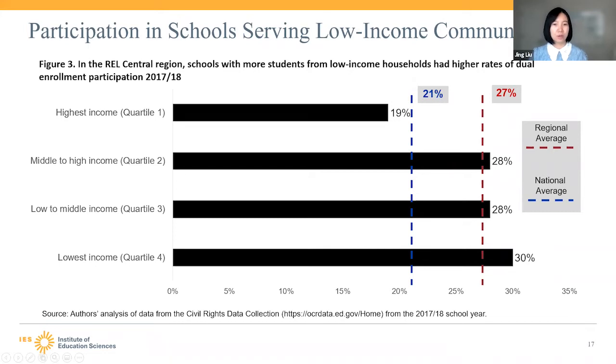The last figure shows the dual enrollment participation at the student level by household income level for REL Central regions. To mention again, the household income indicator is at the school level instead of student level. This figure shows schools with more students from low-income households had higher rates of dual enrollment participation than schools with more students from high-income households.